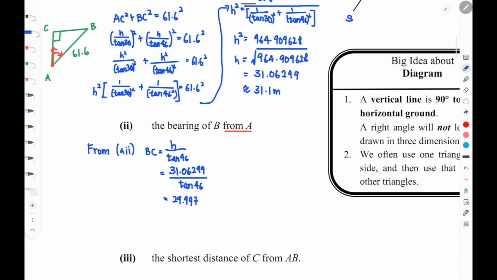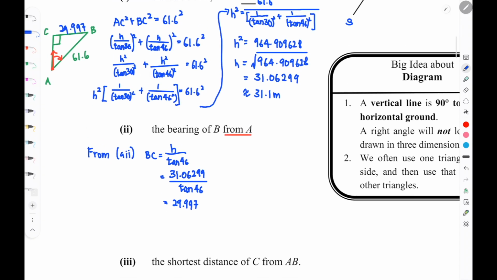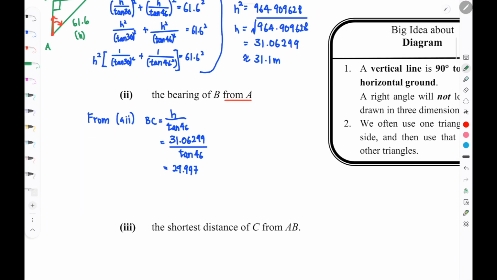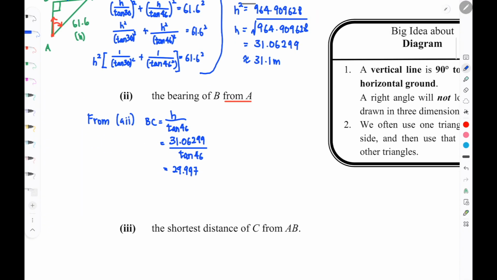This is for me to find my length of BC, it is 29.997. Now I have two lengths, I have my opposite, I have my hypotenuse. I can use SOH CAH TOA.